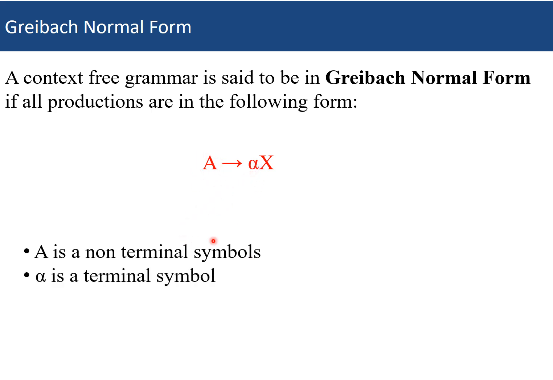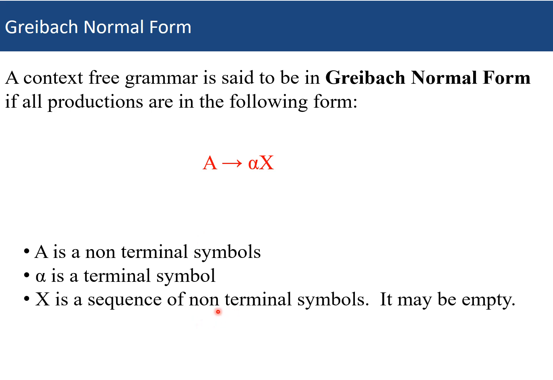Alpha is always a terminal symbol. X could be a sequence of non-terminal symbols, or it can be empty. So this is the major definition of Greibach Normal Form.